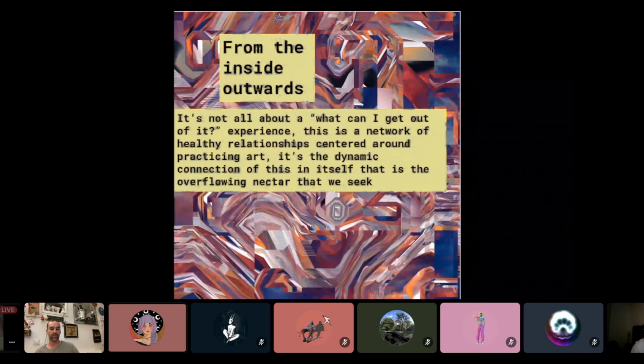Even though those things will be included, there will be token dynamics and all that, it's not the default.